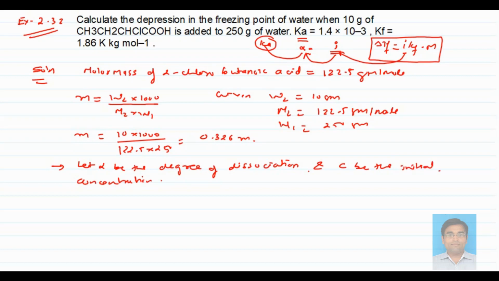So we will write the equation here, that is CH3CH2CHClCOOH. It will simply dissociate into CH3CH2CHClCOO minus and H plus.